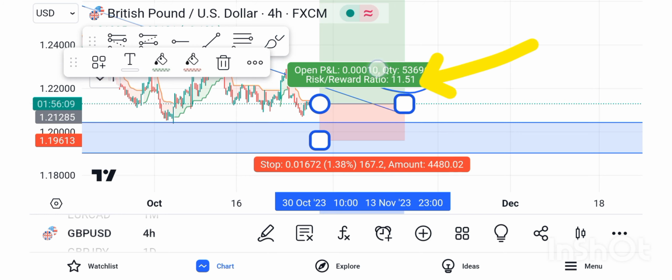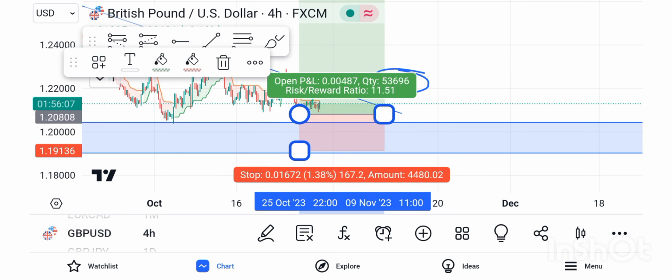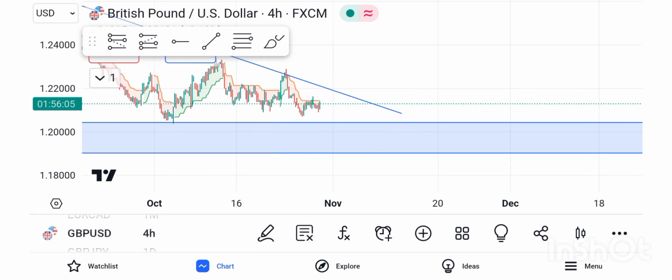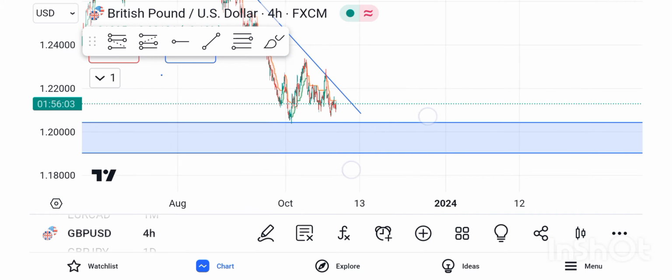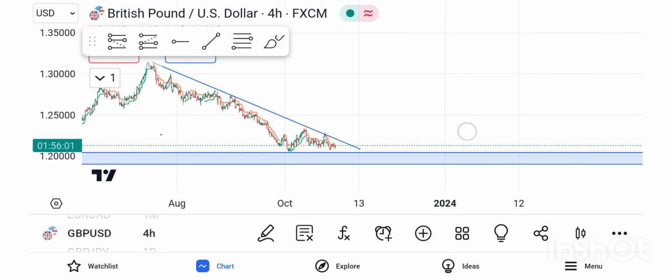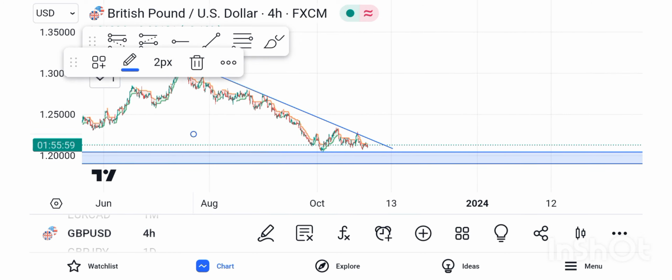That area right here. Right? So that's the best way to determine your overall take profit level. That's one of the best ways to determine your overall take profit levels.